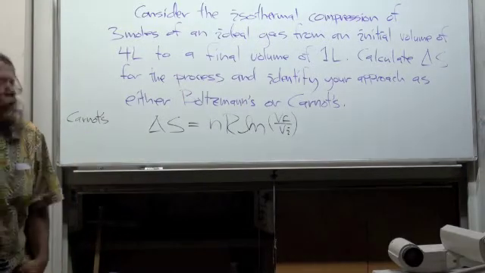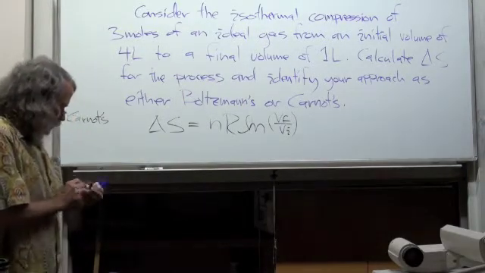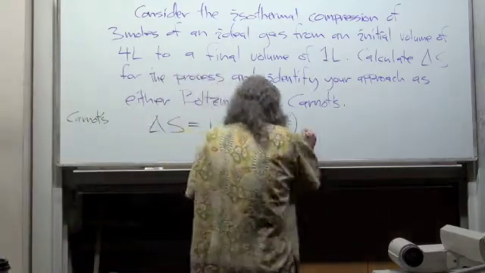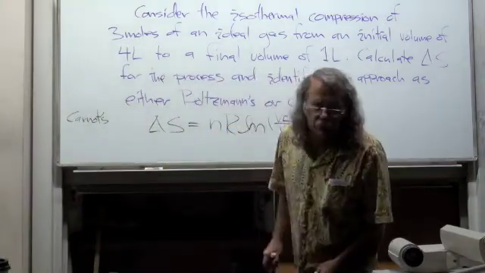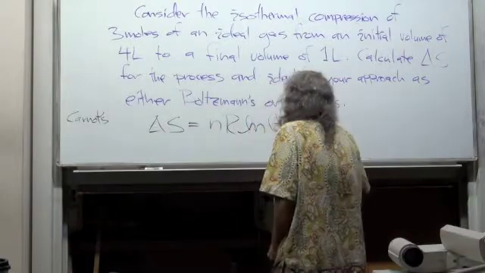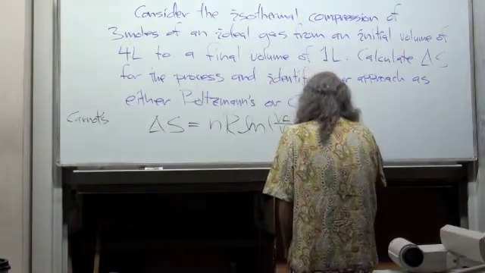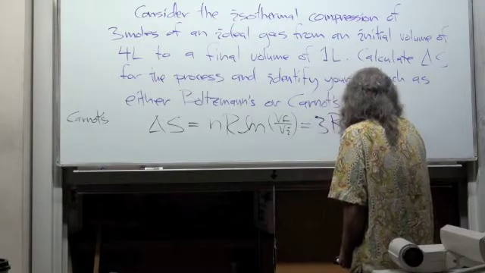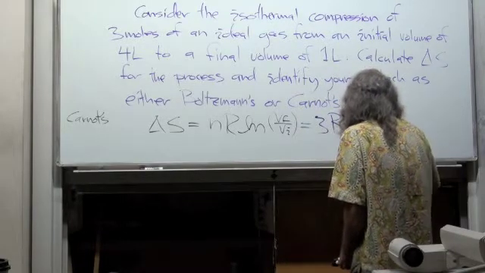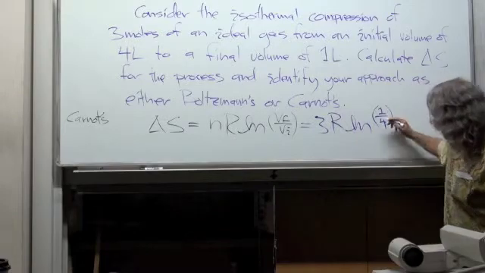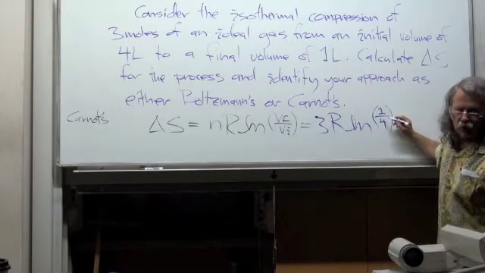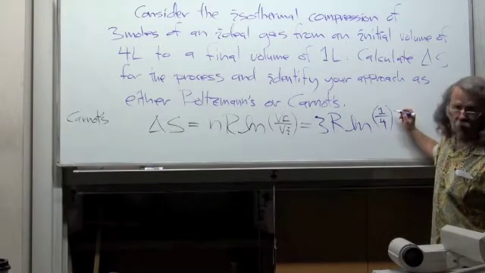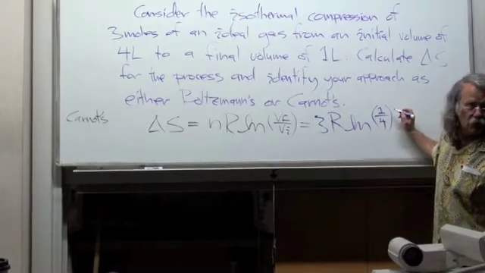So this is going to be equal to, what is n? 3, R, natural log of 1 over 4. 1 over 4 is 4 to the minus 1, and I can pull that minus 1 out front using the rules of exponents.